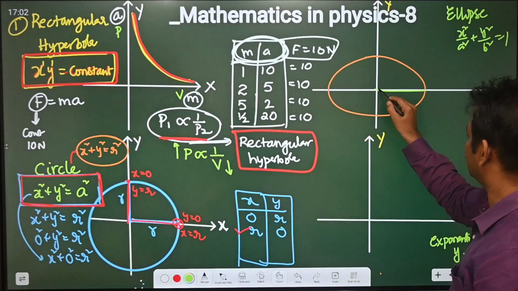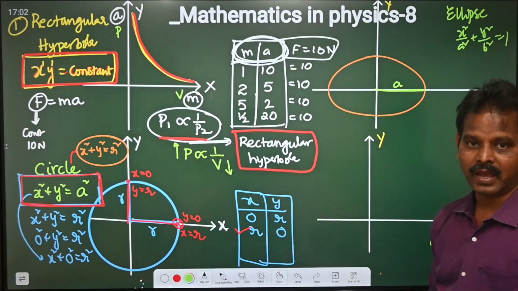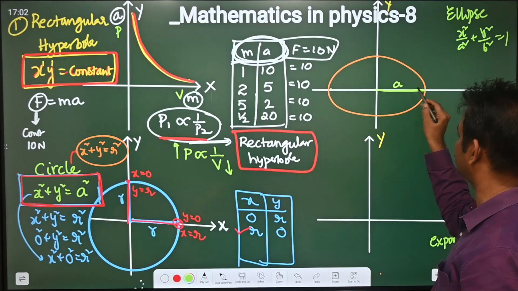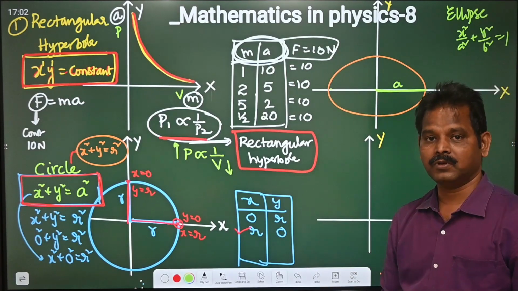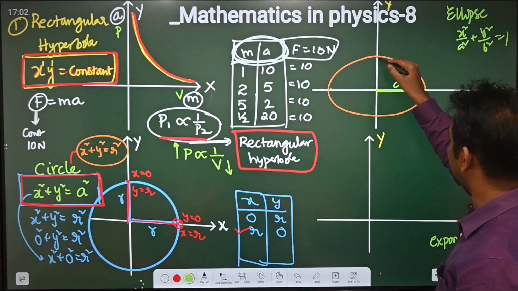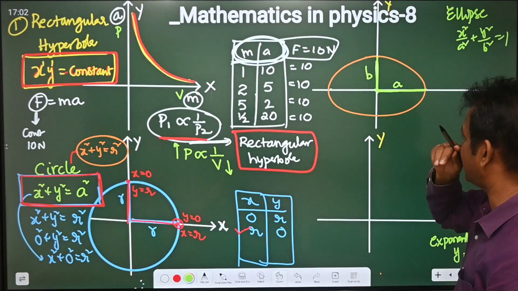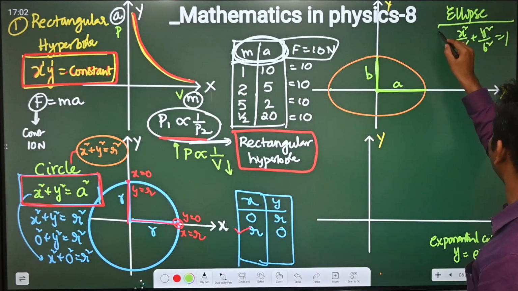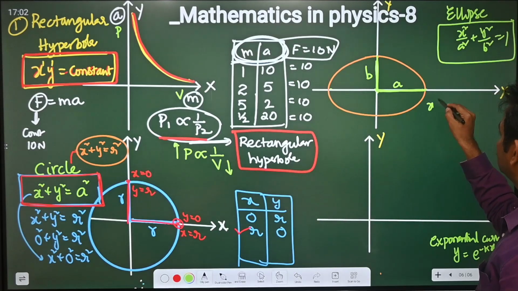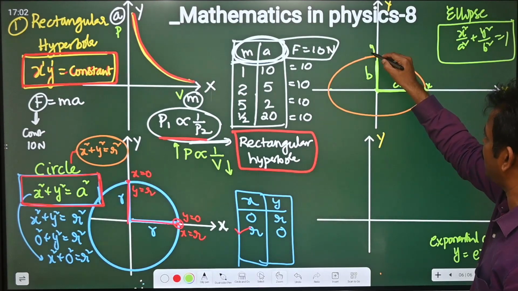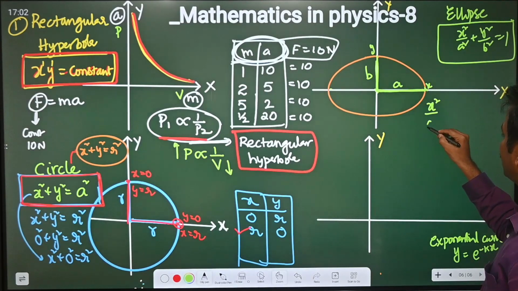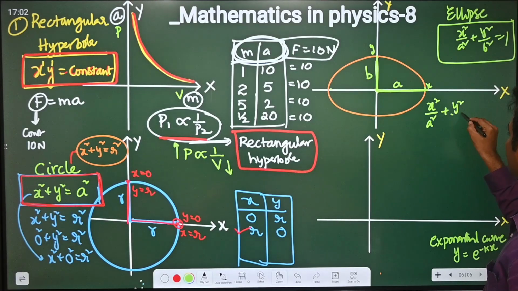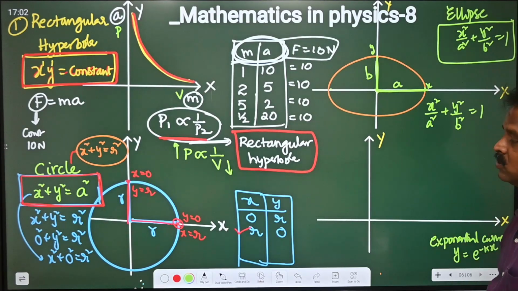First one is the semi-major axis. From here to here, this is the major axis, this is only half of it, we call it the semi-major axis, and this is called the semi-minor axis. And the corresponding equation for an ellipse is, this is along the x-axis, this is along the y-axis. So x square by a square plus y square by b square is equal to 1.